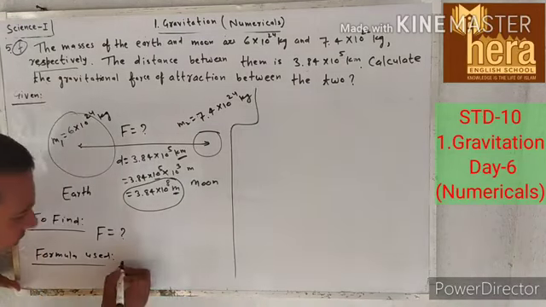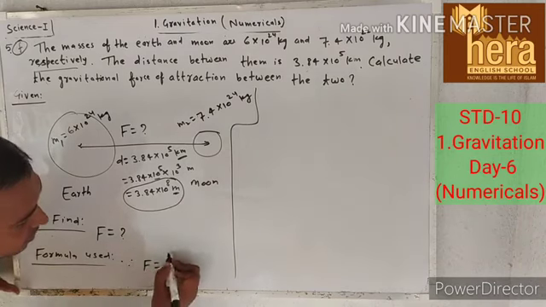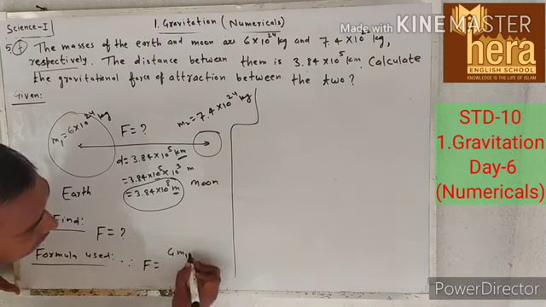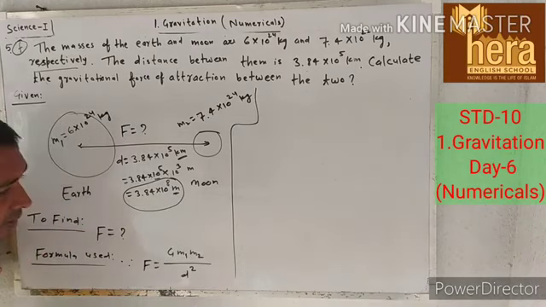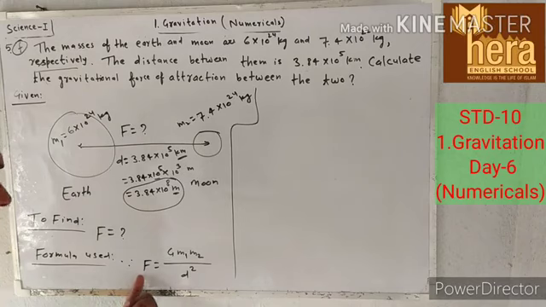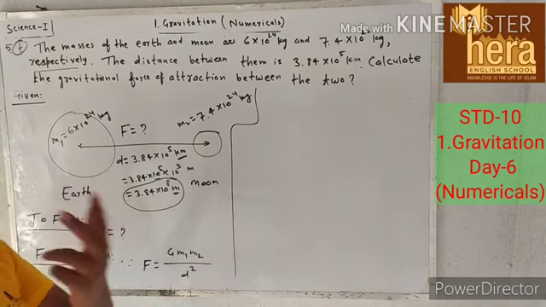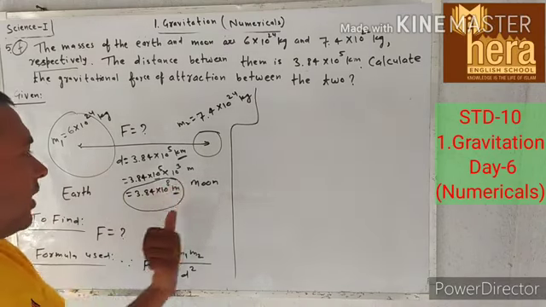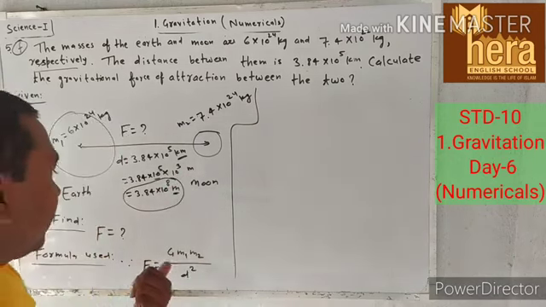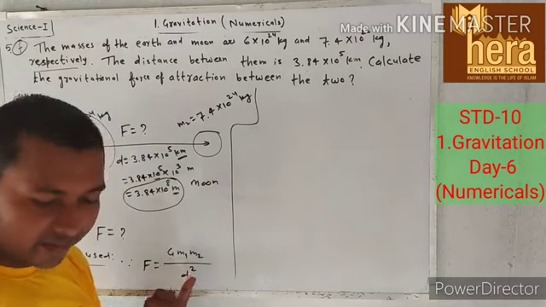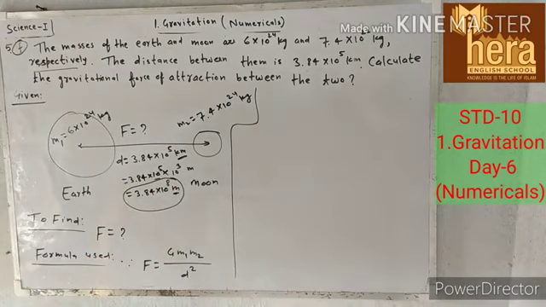Formula used, since F is equal to G M1 M2 upon D square or R square. F is the force of attraction between two objects. See here, two objects, one is Earth and second is Moon. G is universal constant of gravitation. Its value is 6.7 into 10 raised to minus 11 Newton meter square per kg square.